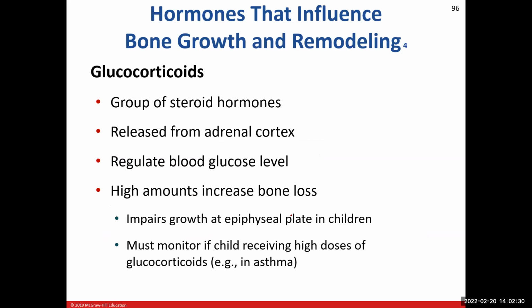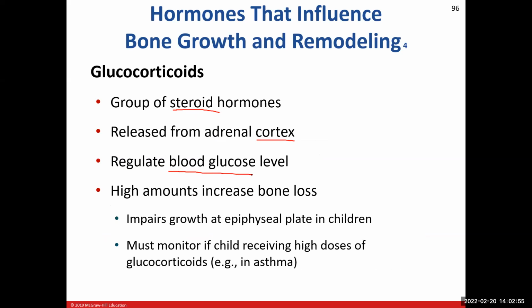Glucocorticoids. These hormones are produced in the adrenal glands, specifically the adrenal cortex. They are steroid hormones. Normally when we talk about glucocorticoids, we mainly talk about how they affect your blood glucose levels. They are what we refer to as an antagonist of insulin.